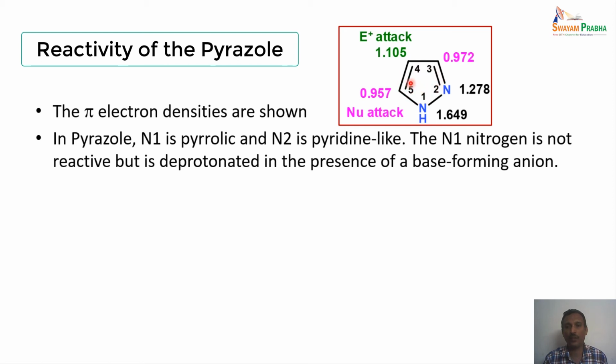The 6 pi electrons are formed with the help of the lone pair from the NH nitrogen. That is the reason this nitrogen is called a pyrrole-like nitrogen, whereas the second nitrogen is a pyridine-like nitrogen. So this is basic compared to the other nitrogen.